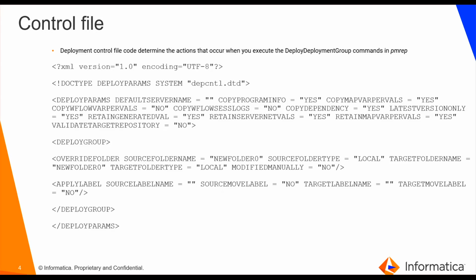So in the earlier slide we just mentioned the term control file that has to be used in the deployment group. This control file is basically an XML file with the syntax specific to Informatica. This control file contains different parameters.